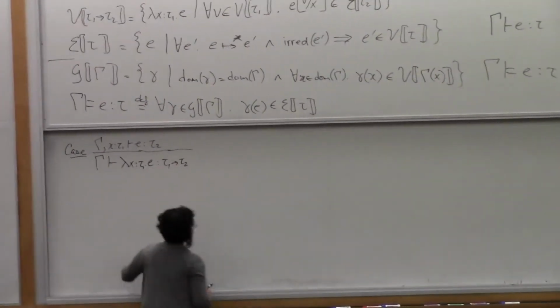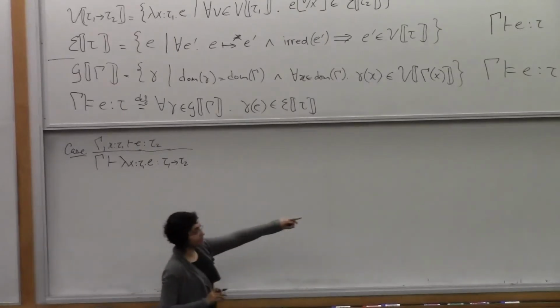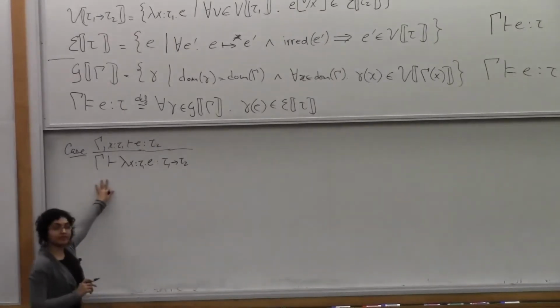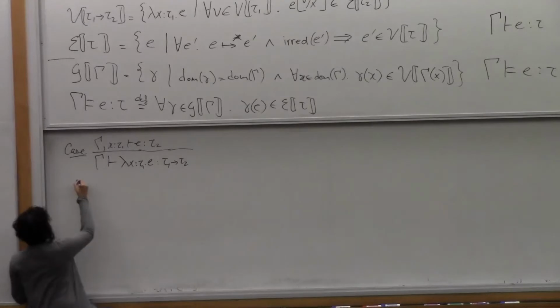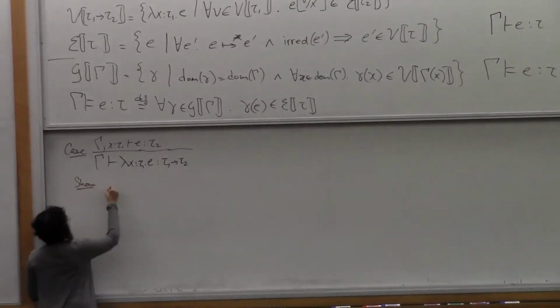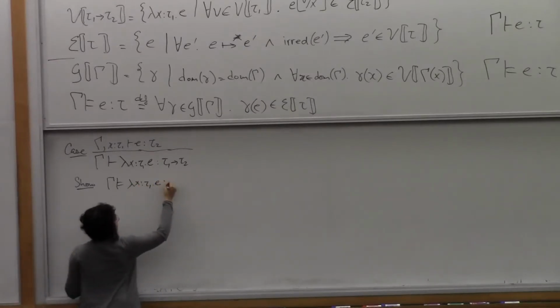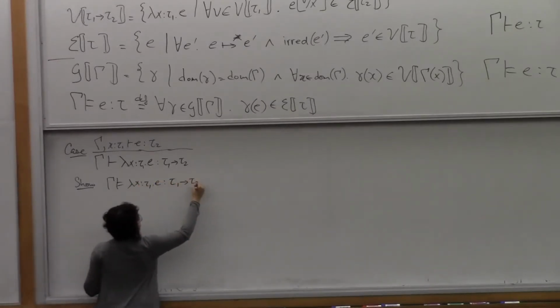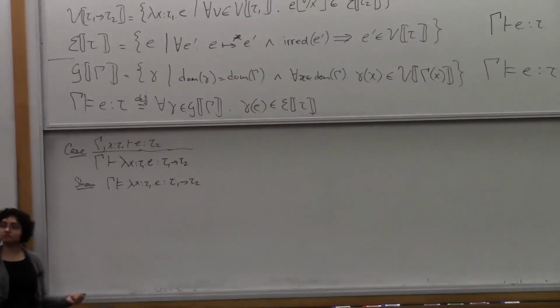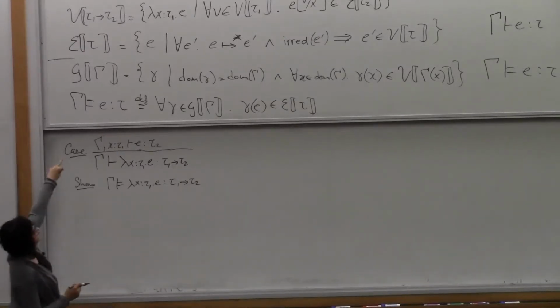We're proving it by induction on the derivation of that, and we are going to consider the lambda case. All right, so what do we have to show? We have to show that lambda x colon tau 1 dot e semantically behaves like it has type tau 1 arrow tau 2. Okay, let's look at the definition.